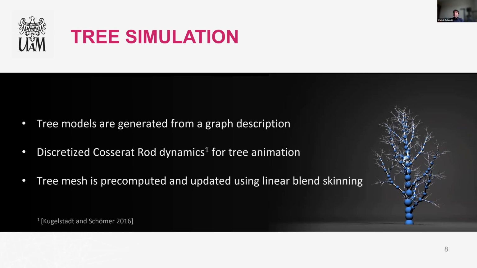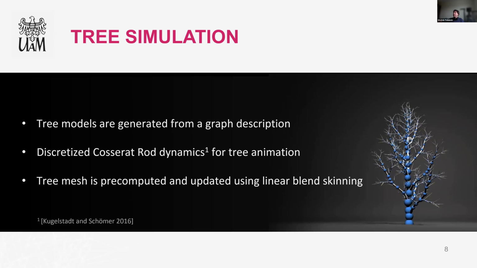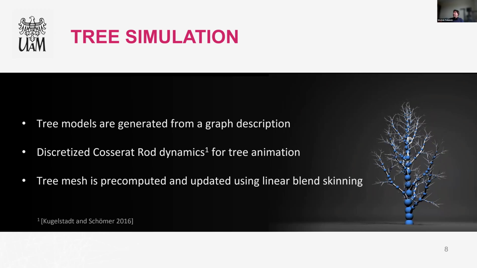We then use a physical simulation which is based on Cosserat rod dynamics. You can think of it a little bit as a simplified Newtonian motion framework, where you don't rely on forces as the main driver of the displacement of objects, but rather on the positions of objects relative to each other.